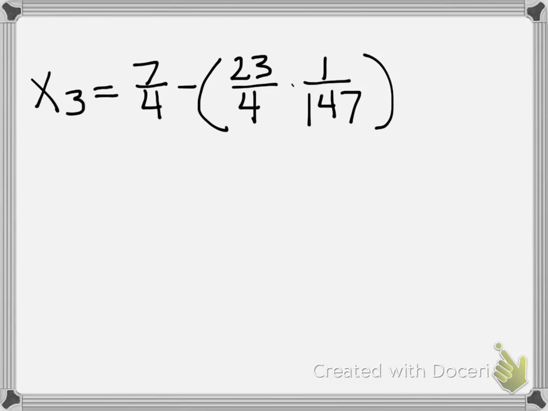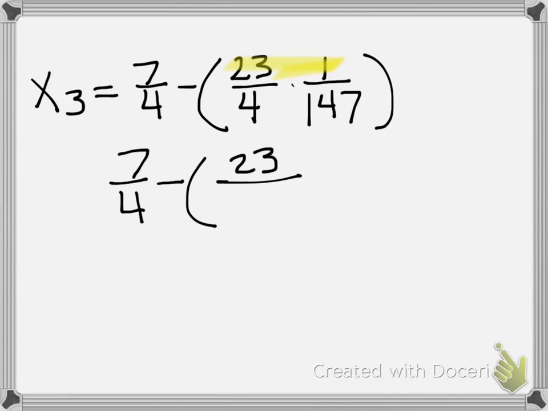Okay, so there's where we were at. So we have 7 over 4 minus, multiply straight across right here. The 23 times 1, and we get 23 over, and when we multiply 4 and 147, we should get 588.